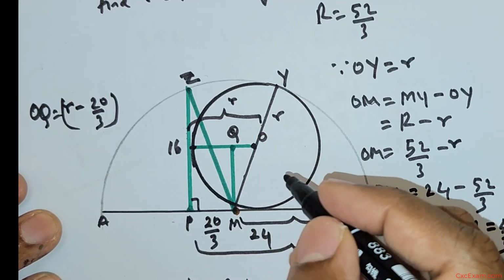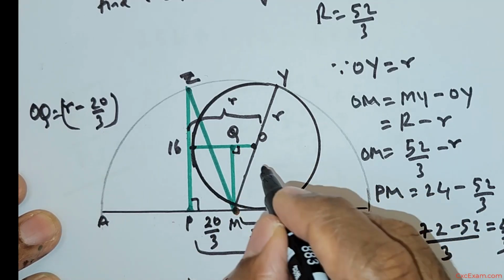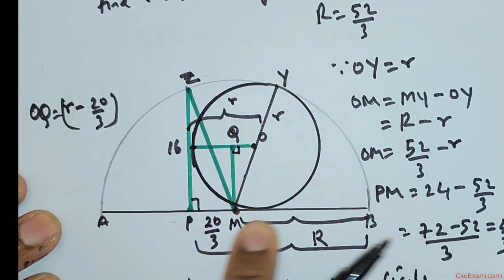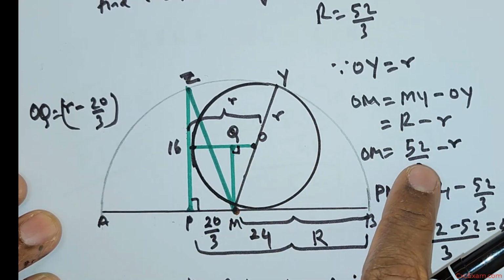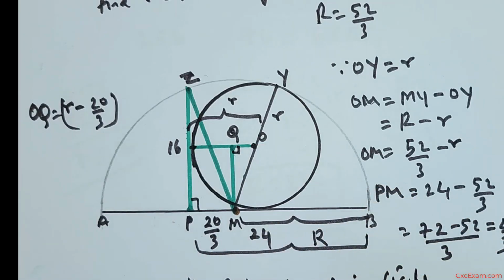Okay, so I've already mentioned to you that this is a right angle triangle and we know OM, right? OM is present here, but we need QM. So how do we get QM?